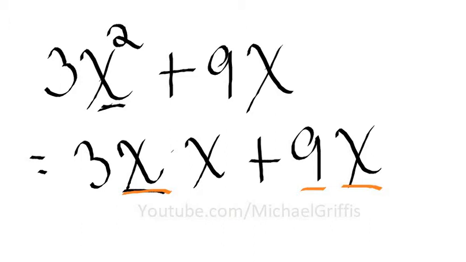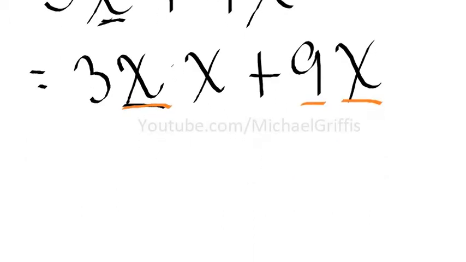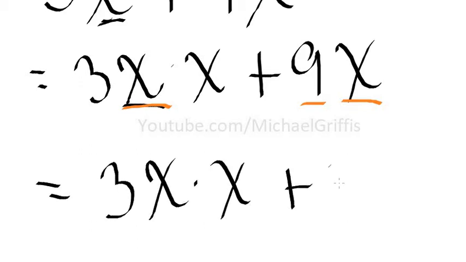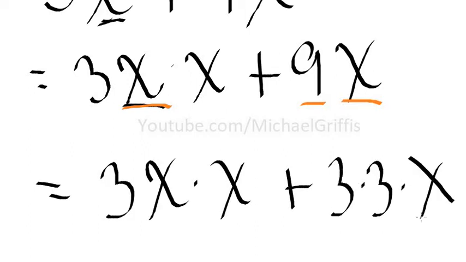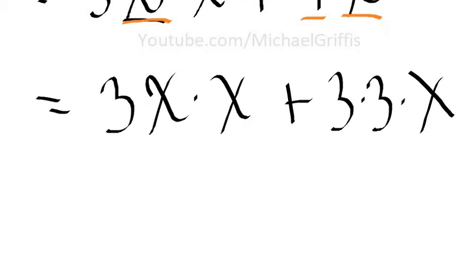Actually, I'll just rewrite the problem: 3x times x plus 3 times 3 times x. What do they have in common? They both have an x, and they both have a 3. You see that? So that means we can factor out the 3x.